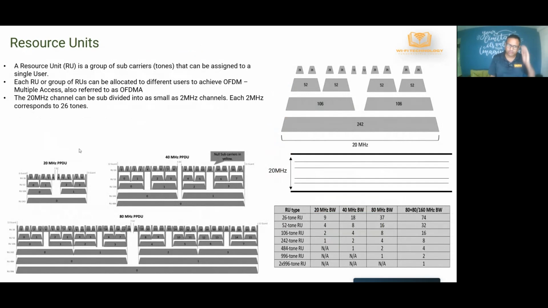So what are we doing with OFDMA? As I explained with the roads and lanes example, let us take the simple example of a 20 megahertz wide channel. Of course, this applies to 40, 80, 160, 320 megahertz, but let's forget about all of that for now.